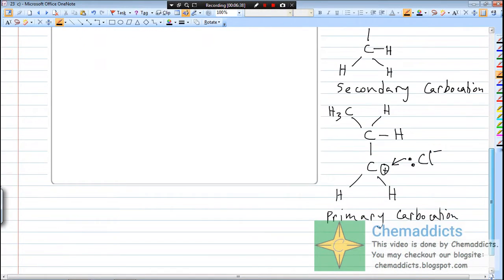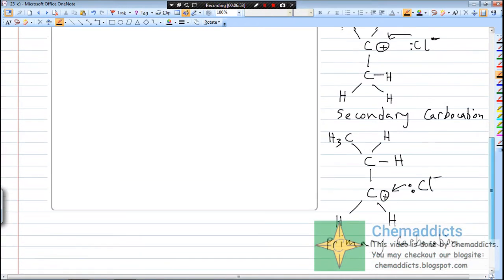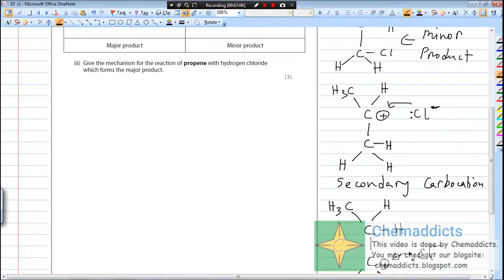And if we look at here, the minimum number of hydrogens attached to this carbocation is 2, so this should be a primary carbocation. And in here the minimum number of hydrogens attached to this carbocation is 1, so this should be a secondary carbocation.